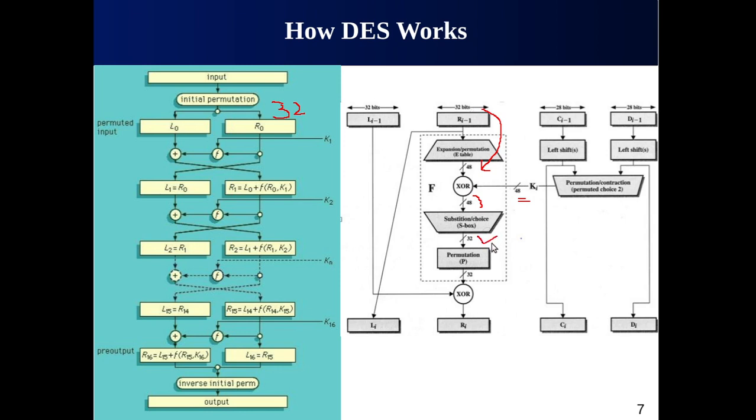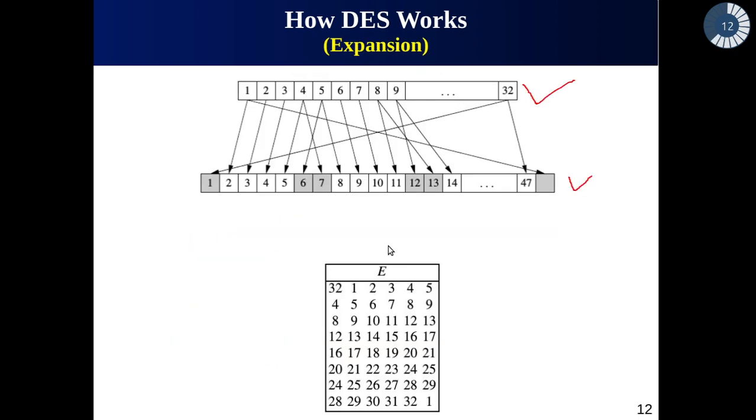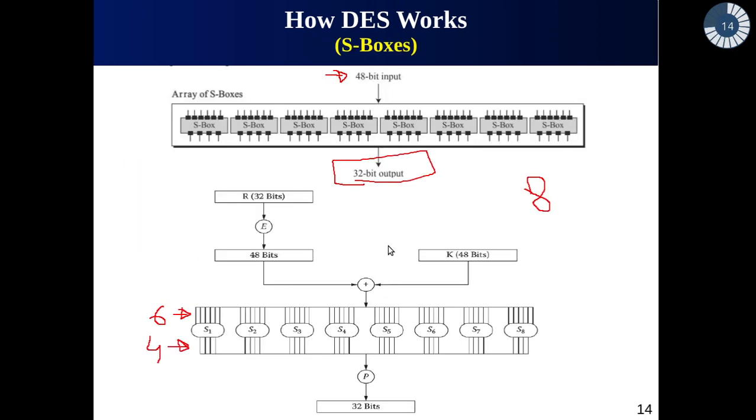Why? Because the input is 32 bits, so finally we need 32 bits. That is why the S boxes are there. In the expansion we convert fewer bits into more bits, and here we convert more bits into fewer bits. So 48 bits are converted into 32 bits by the S boxes. That is their primary role, although they are important for security as well.